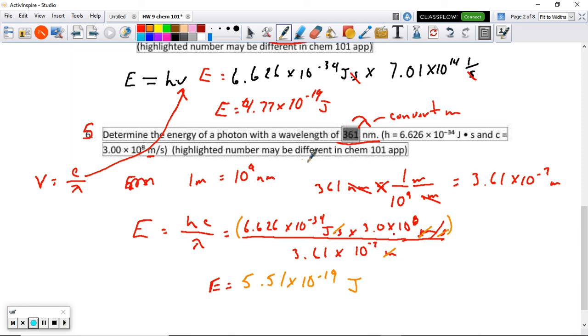And again, your number here may be different, so just pay attention to that as you're doing these.